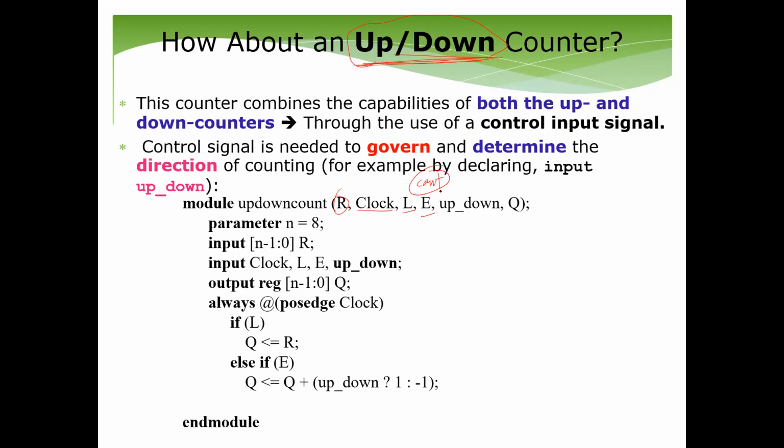We also had this signal in the homework. And then we have this extra signal called up down, and of course the output Q. If up down is equal to 1, count up. If this signal is equal to 0, count down.